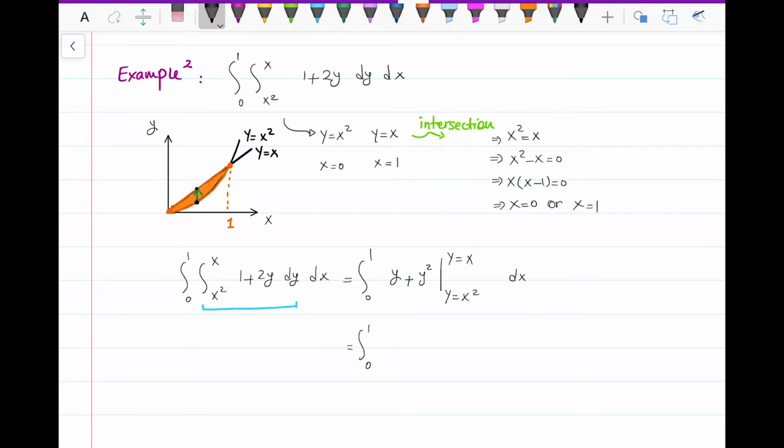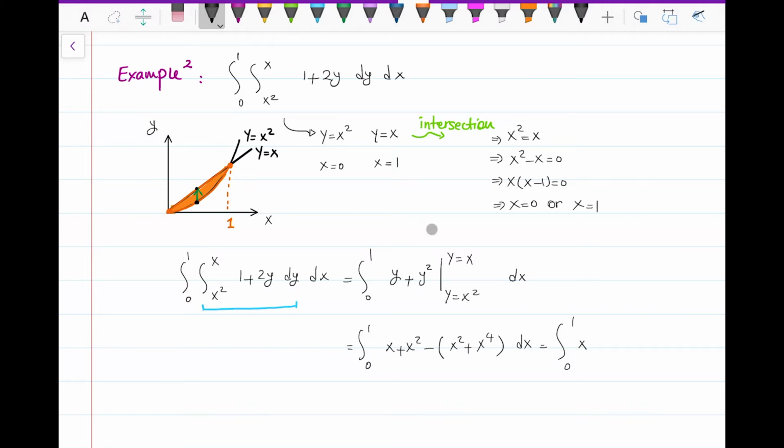So I'm going to rewrite the outer integral. It would be x plus x squared, minus, replace every y with x squared: x squared plus x squared squared, which would be x to the fourth. And then dx. So let me simplify that.